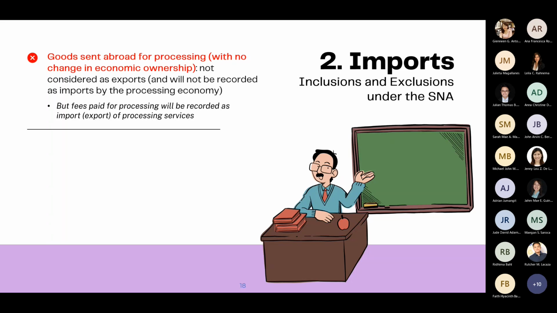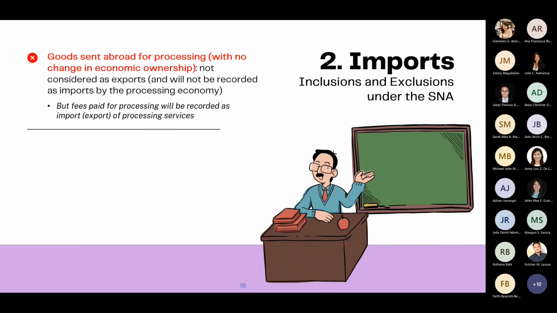But Malaysia will not record the receipt of the computers as imports because there was no sale of these computers from the Philippines to Malaysia. They were simply sent so that value added could be added and so these computers could be processed. As Malaysia processes these computers by adding the chips, the Philippines pays Malaysia a fee for processing the computers, which Malaysia considers as an export of its services to the Philippines, and the Philippines considers this an import of processing services.